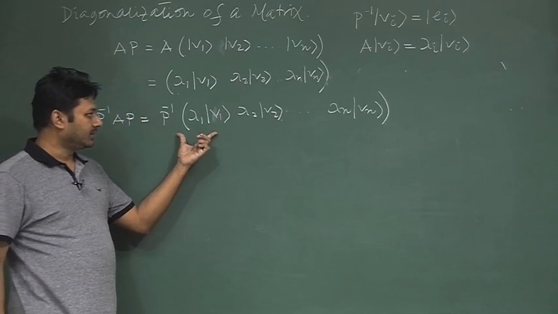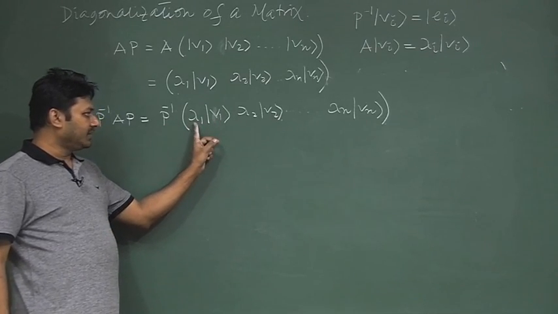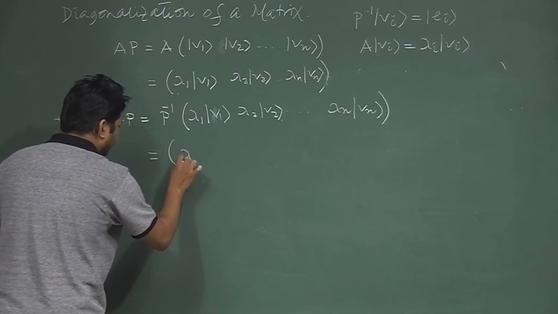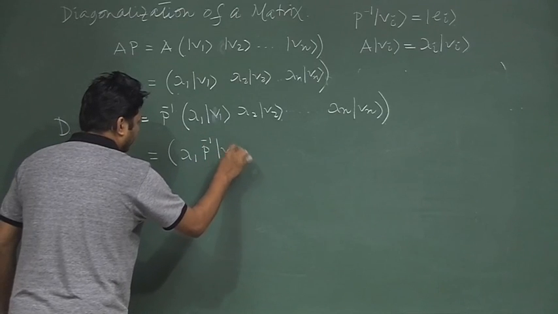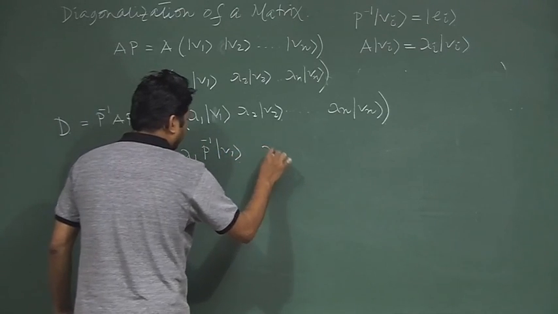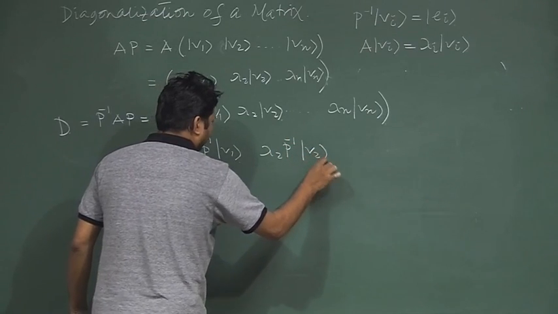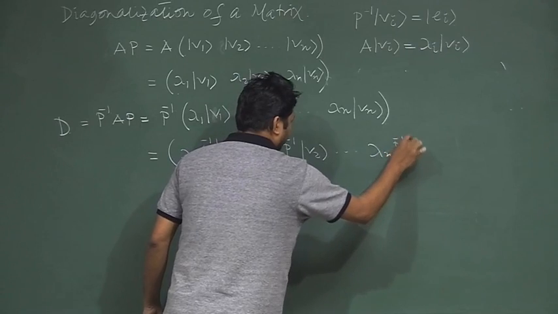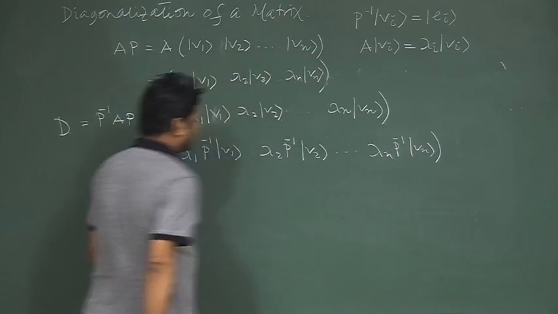Right, I got this. Now P inverse is operated over this, and lambda is a constant. So if that is the case, I can write lambda 1 P inverse operated over V1, lambda 2 P inverse operated over V2, lambda n P inverse operated over Vn, like this.